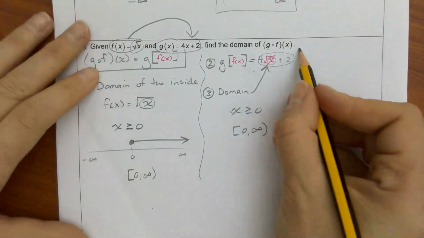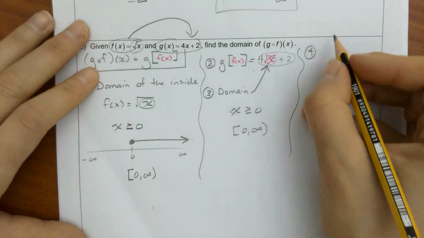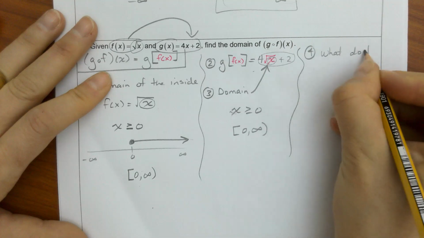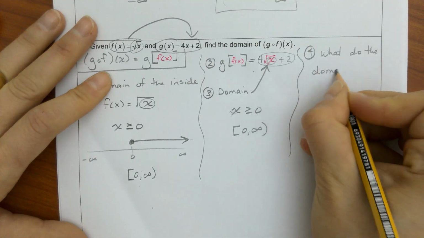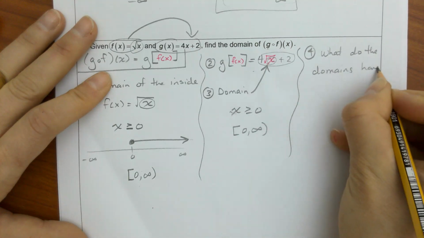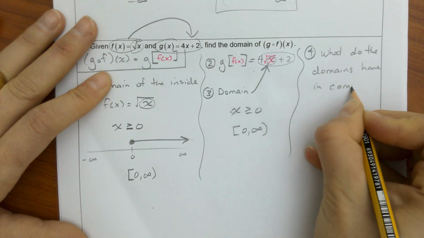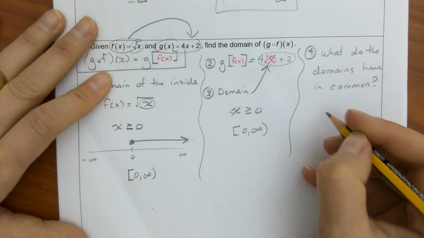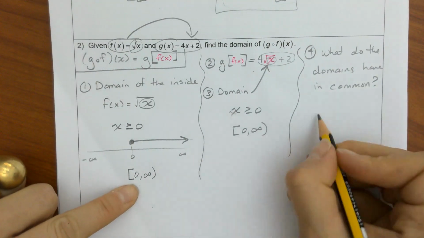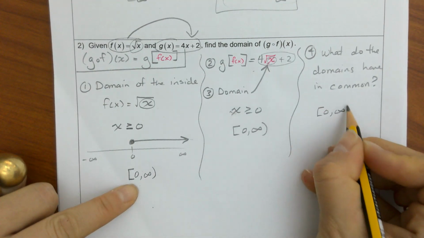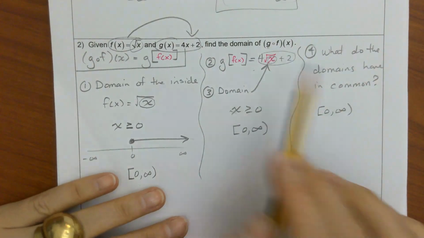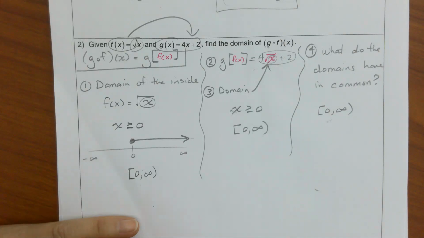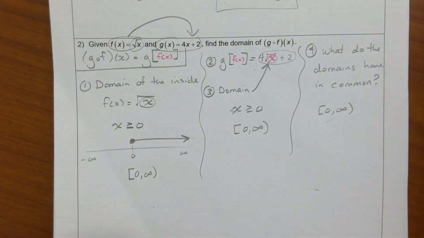Well, step 4 is what do the domains have in common? What do they share or have the same? Well, they're exactly the same. So the domain of this new composite function is this. Okay? So let's look at the next example.